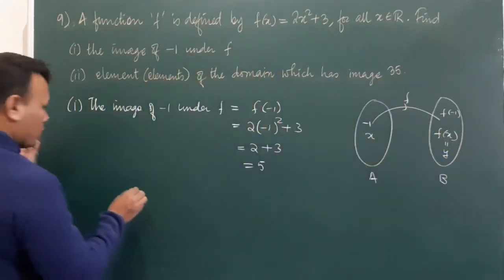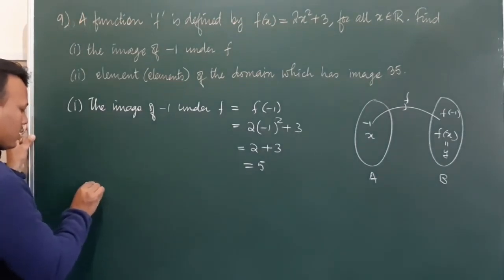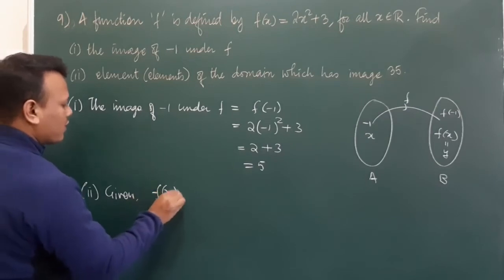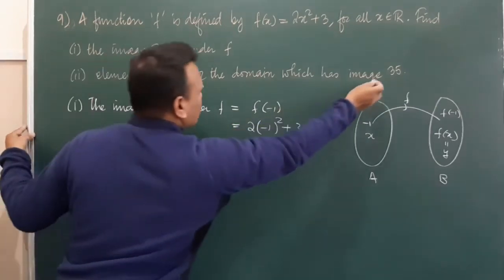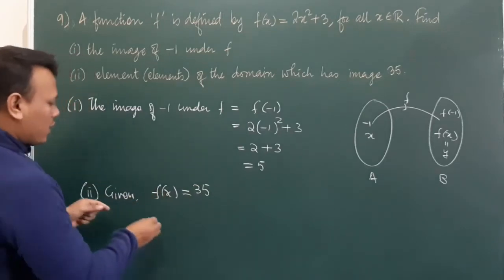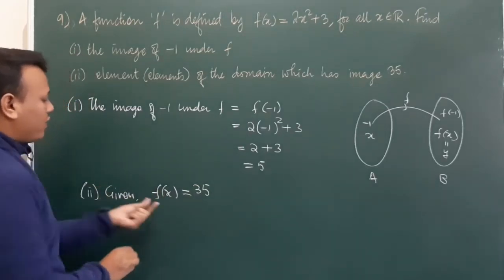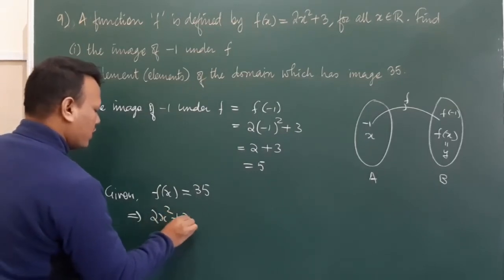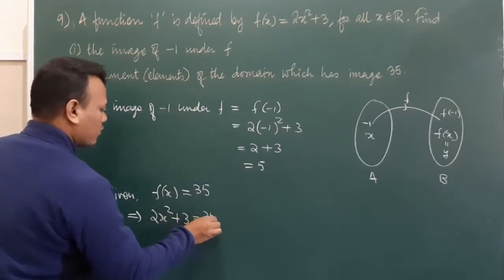In the second case, given is f(x), the image, to be 35, isn't it? Now from here you need to calculate the value of x. What is f(x)? f(x) is 2x squared plus 3, isn't it? So we have this equal to 35.